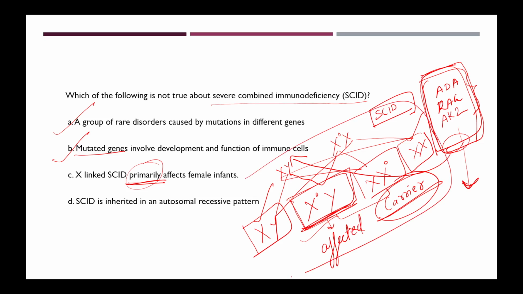So in this scenario, you can say that X-linked SCID primarily affects the male infants, not the female ones. Then the fourth one is, SCID is inherited in an autosomal recessive pattern. Correct or not? Yes, SCID is both autosomal recessive and also X-linked. So this is correct and the earlier one is incorrect because it primarily affects the male children.